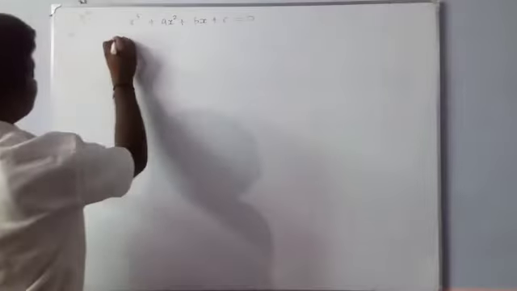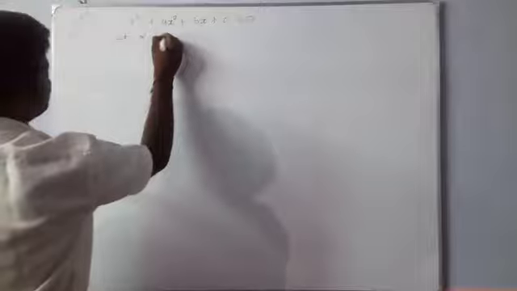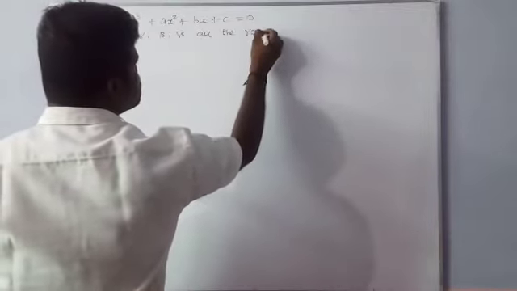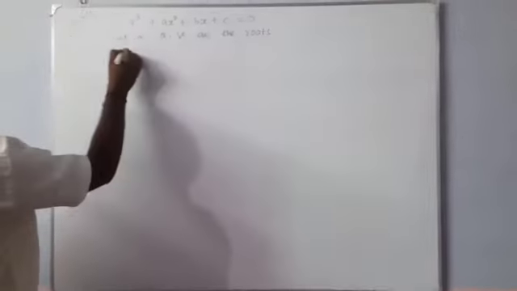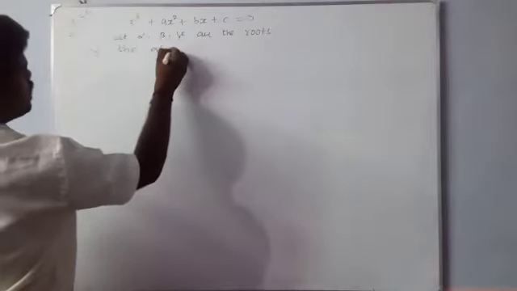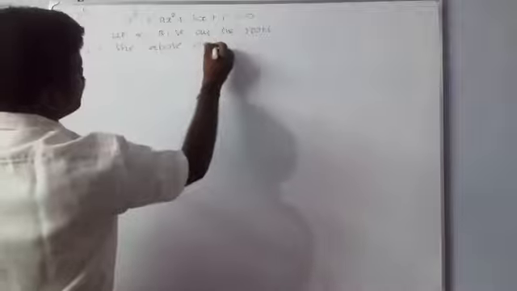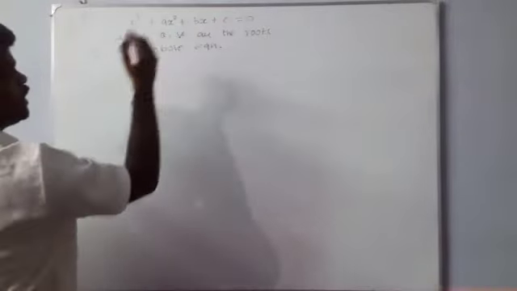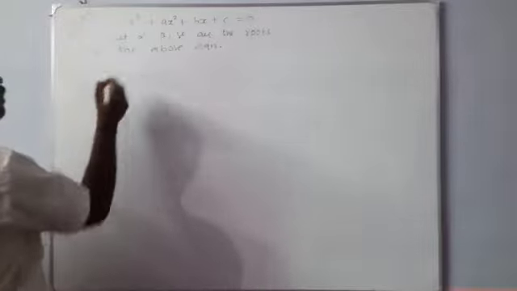Let alpha, beta, gamma be the roots of the above equation. What is the summation 1 value?